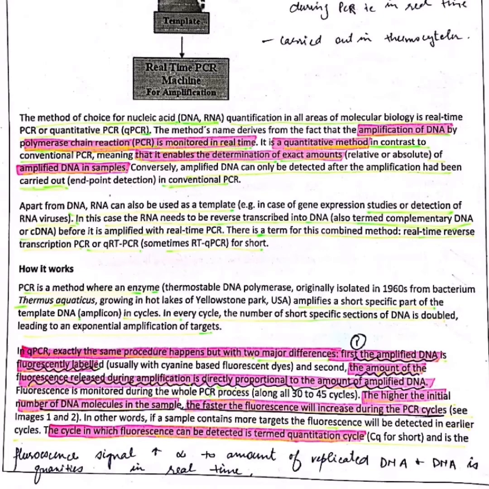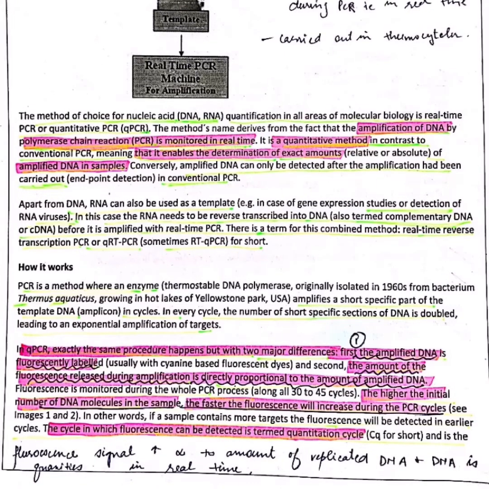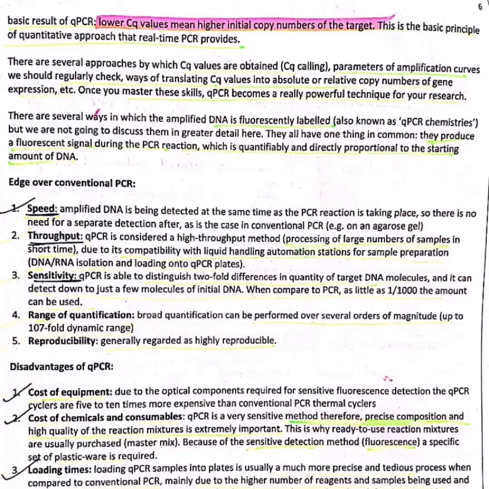In the upcoming slide, you will also see a difference between real-time PCR and the normal PCR. The major difference is, first, the amplified DNA is fluorescently labeled, and second, the amount of fluorescence released during amplification is directly proportional to the amount of amplified DNA.